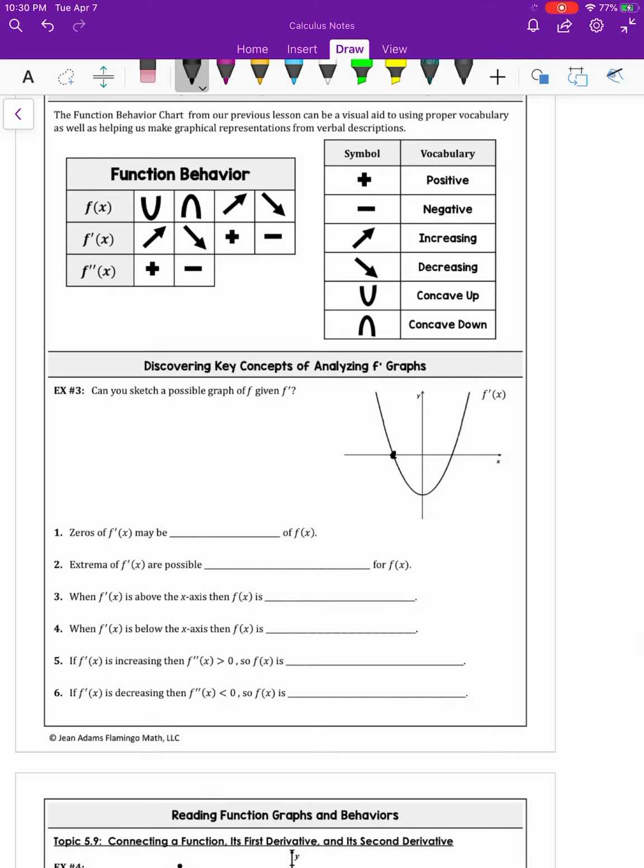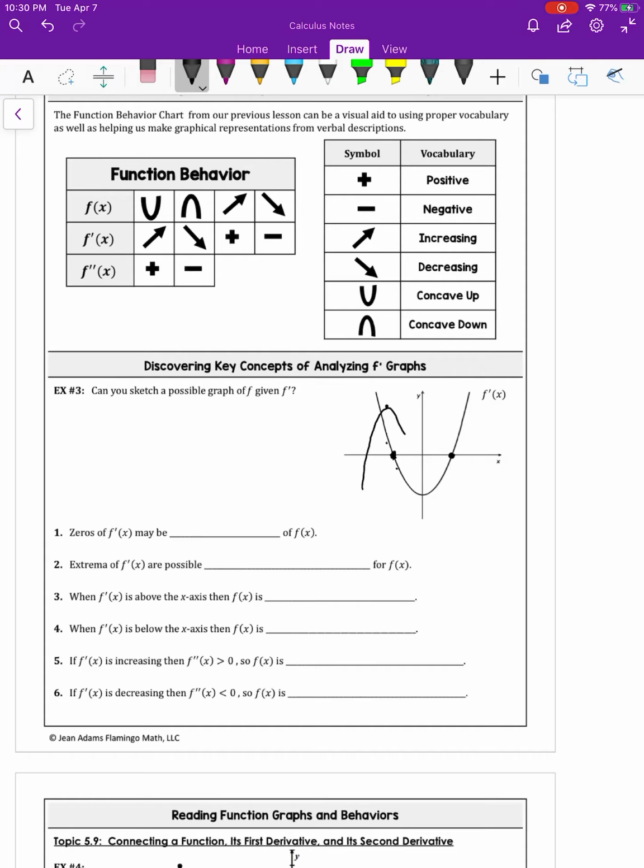If this is our derivative, we know that our derivative is 0 here and 0 here. Our derivative is 0, and it's going from positive to negative, so that would be a maximum. So there's going to be a maximum here.